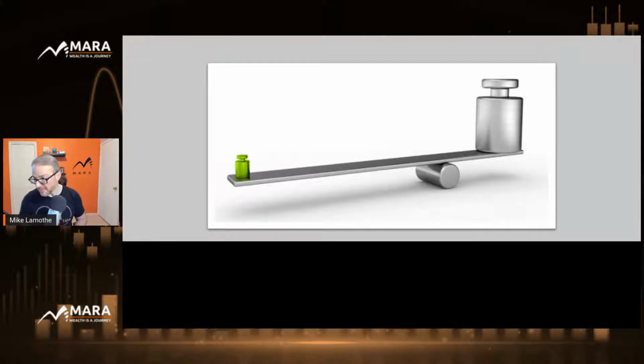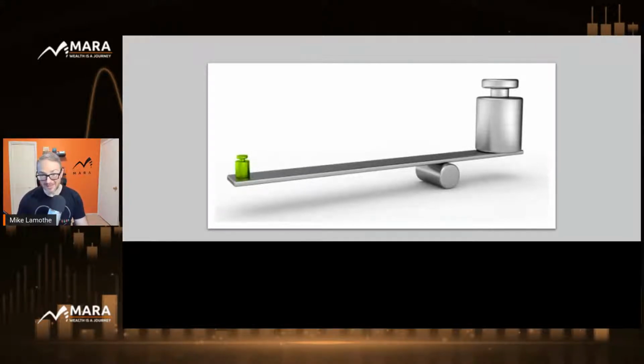So you might be asking yourself, what is this that I'm looking at? Well, you're looking at a set of weights. You have one weight on this side that is pretty big, pretty heavy, and then you have another weight over here that is small and light, and they're sitting on a fulcrum. You might be wondering what in the heck the point of all this is.